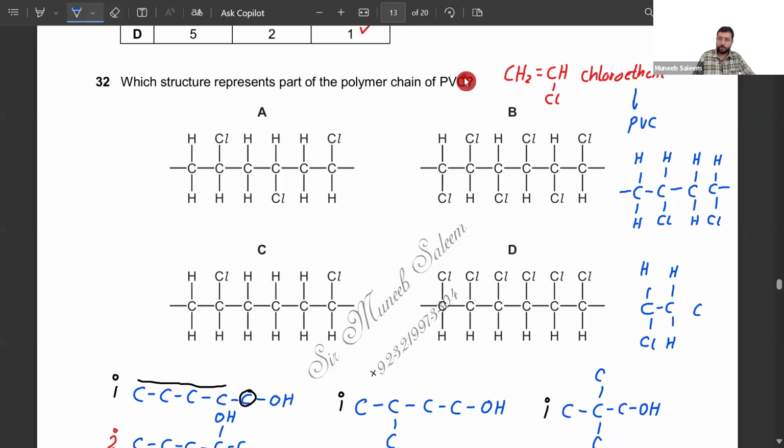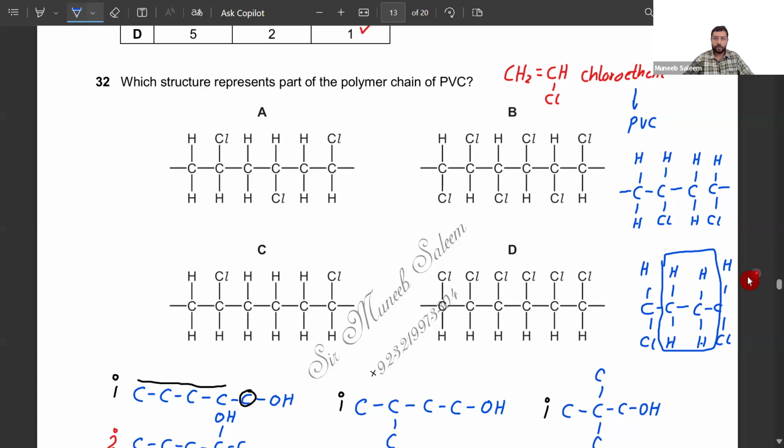And then the other monomer has a similar opposite side of the hydrogen atoms, like this, and then it has CH and Cl. Now, in this case, if you try to connect these two with each other, there should be at least two carbon atoms having only the hydrogen atoms on them. So these are the two possibilities by which we can have the PVC.